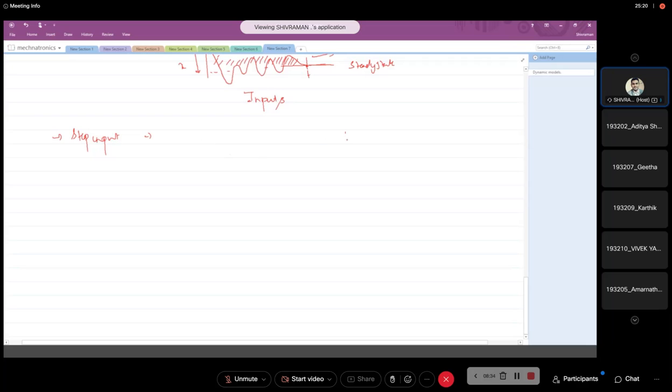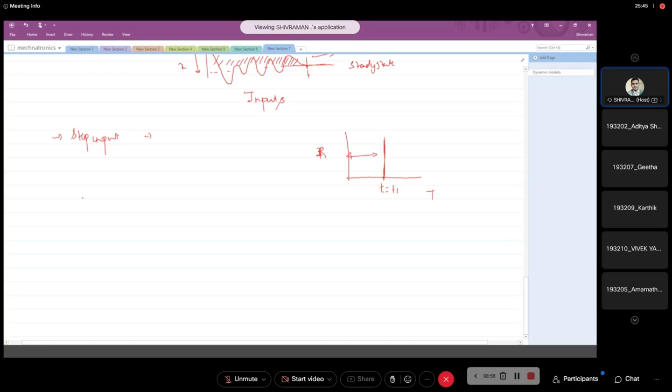Let's say this is your response, this is t. So at time t equal to t1, you have added one input in a step and it will remain constant for the further interval of time after it is added.